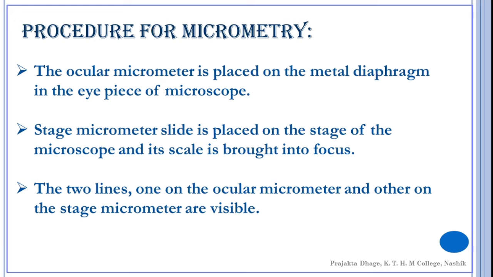By moving the stage micrometer and rotating the eyepiece, you are supposed to make both the lines coincide. You have to adjust in such a way that both the lines are overlapping each other at a starting point. The exact overlapping point of both the lines has to be observed, and it is to be noted.